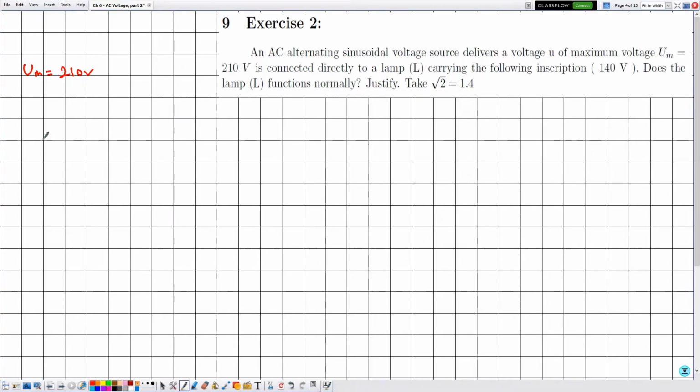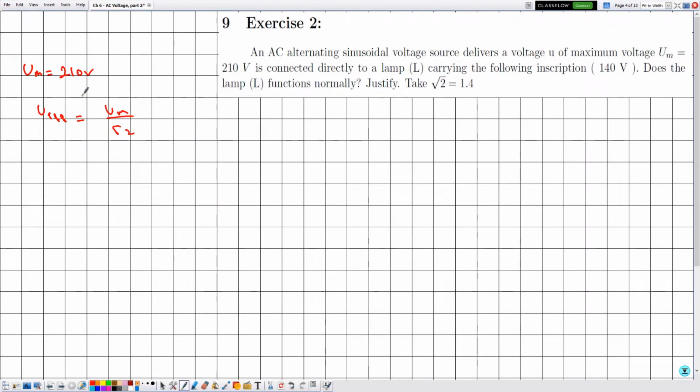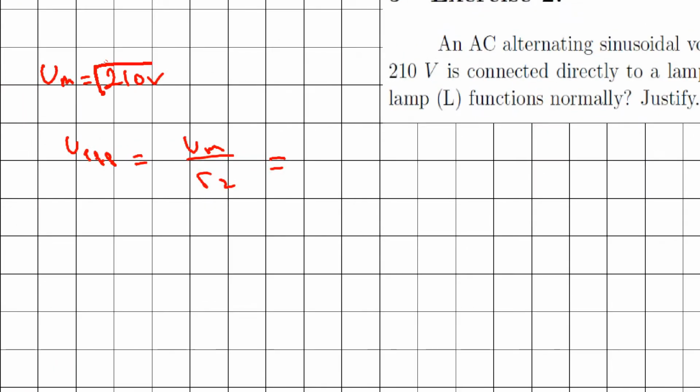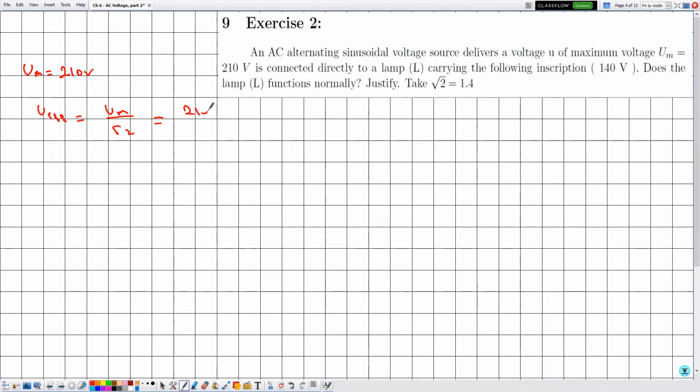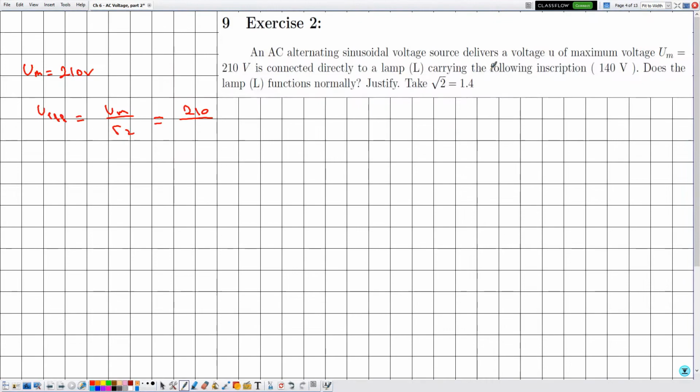Okay, so first let's calculate the effective voltage, which is given by UM divided by radical 2. So always refer to the effective voltage and not the maximum voltage whenever we need to describe the functioning of the lamp. The maximum voltage in this case is 210 volts, so 210, and they are giving me that the value of radical 2 is 1.4, so divided by 1.4.